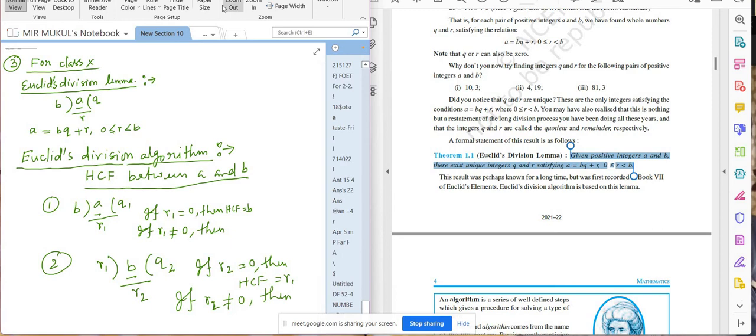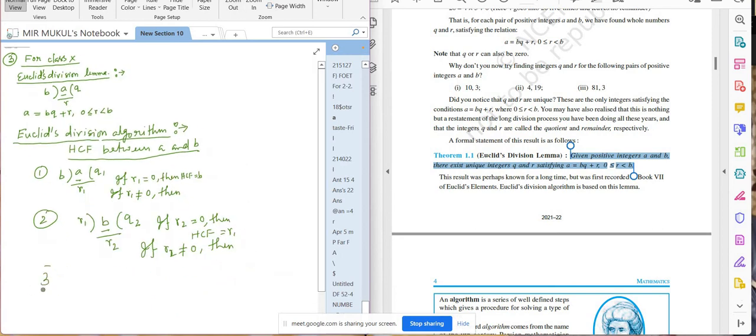then again you will continue to the third step, and you will consider R2 as divisor and R1 as dividend, and you will divide. You get Q3. After division, suppose you got R3.